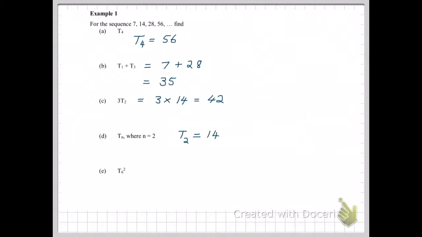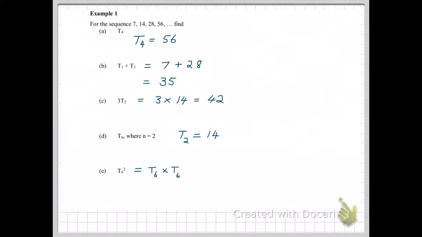t6 squared. Firstly, note that it is not the 6 that is squared, it is the whole term. In other words, the 6th term in the sequence is being squared. So we're going to square the term, which is t6 times t6. But before we go any further, we need to identify and work out what the 6th term is.